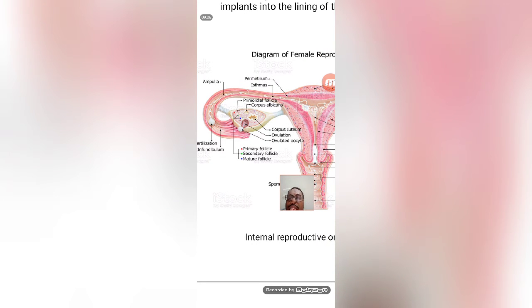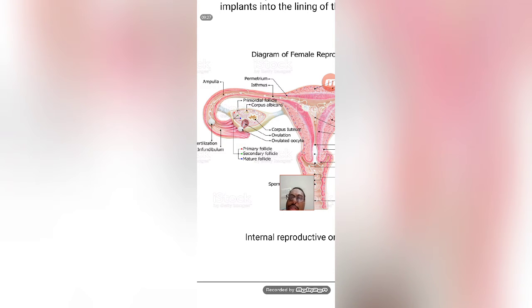First we will see generally what the structure of the female reproductive system is, then we will move to the ovary in detail. Ovaries are the area where the ova is produced, because of hormonal changes.